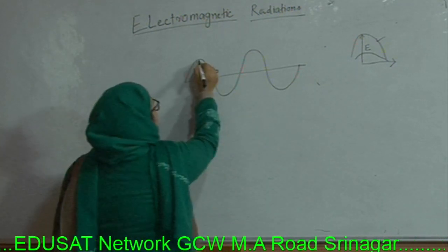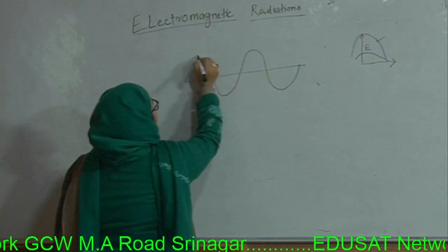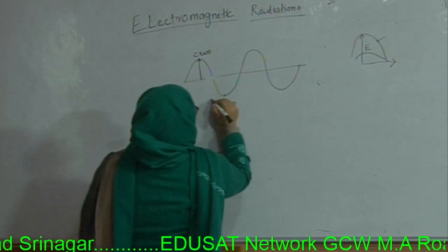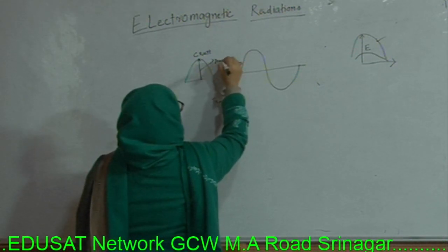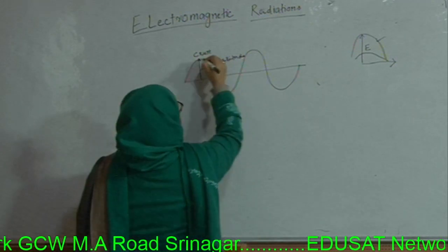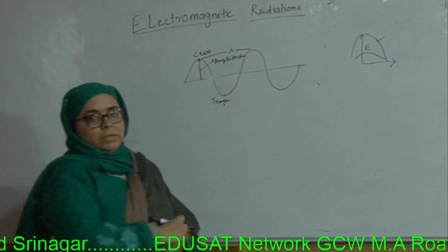Now, this is our crest, this is our trough, this is the amplitude, wavelength, right?